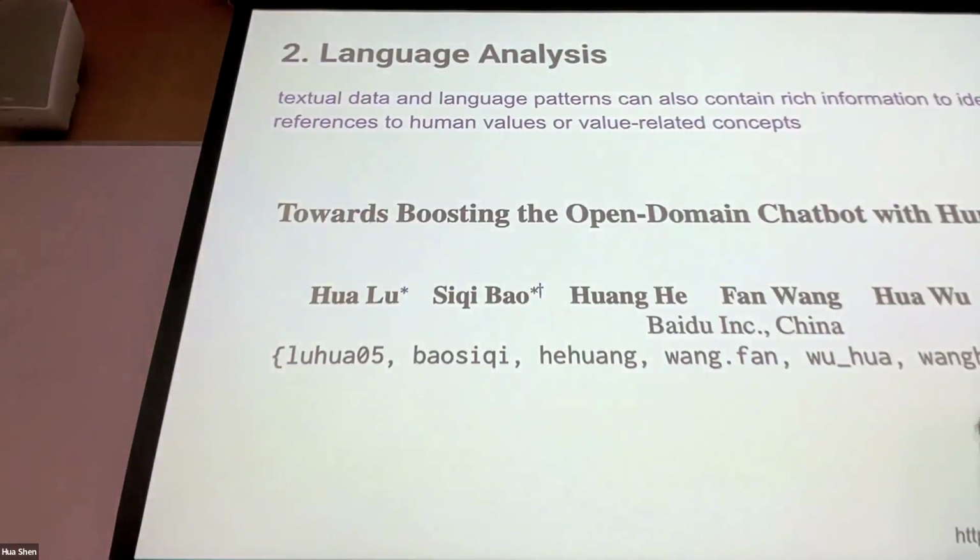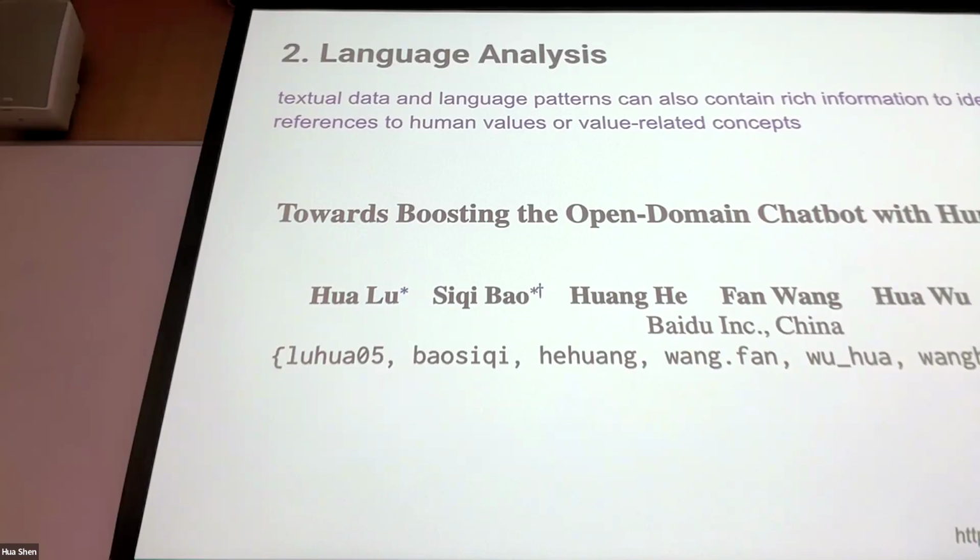The second one is about language analysis. Another implicit human feedback is language analysis beyond the obvious semantic context, where textual data and language patterns can also contain rich information to identify implicit references to human values or value-related concepts.